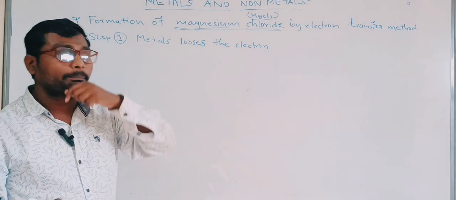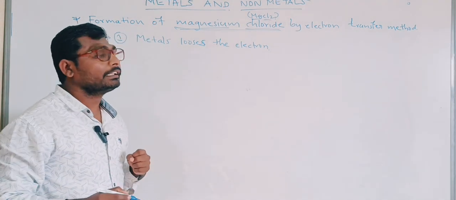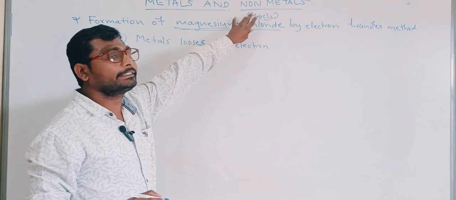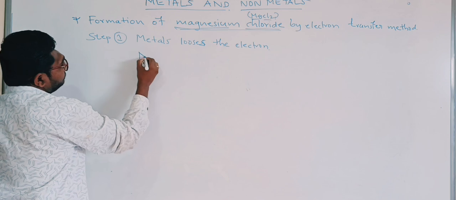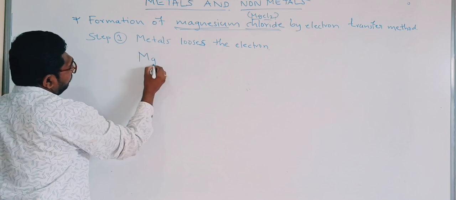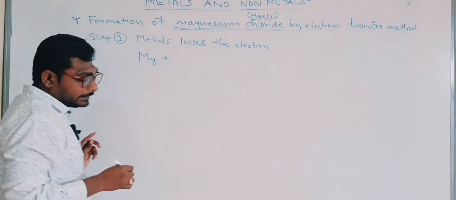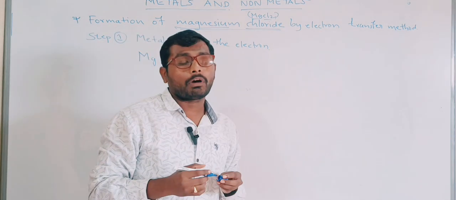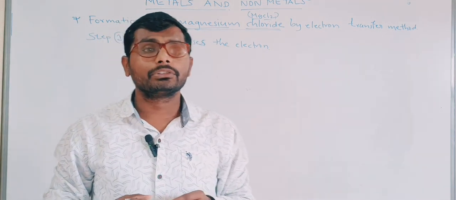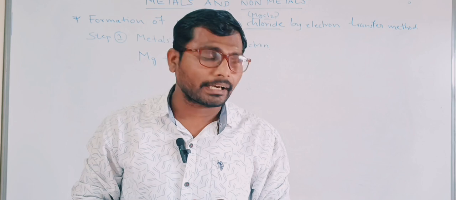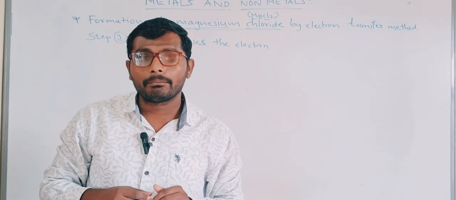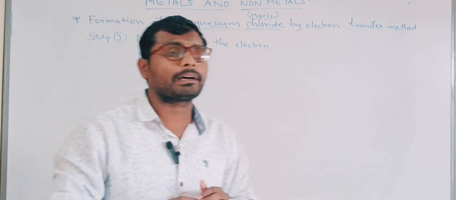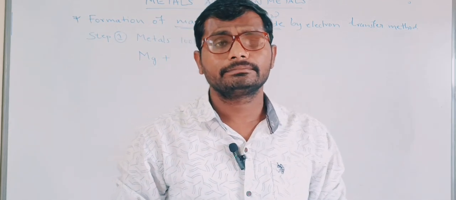Which one is the metal? Magnesium is the metal. Magnesium is a metal, so what will it do? It loses electrons. First you need to know the electronic configuration of magnesium. What is the atomic number of magnesium?